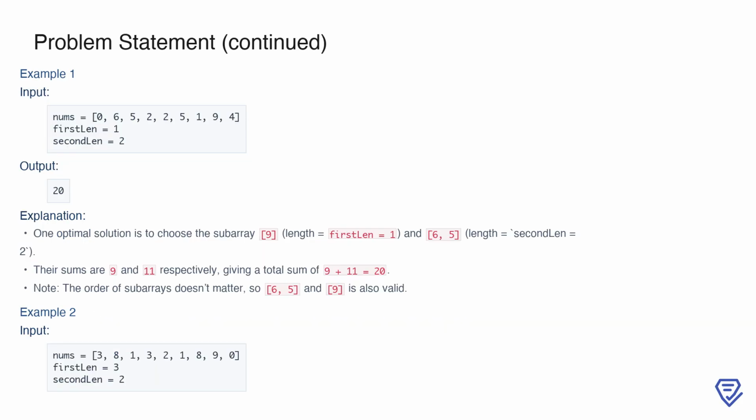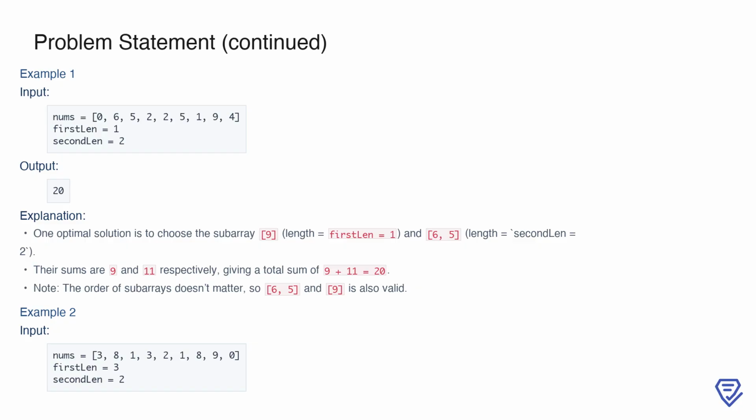Consider the first example where nums is 0, 6, 5, 2, 2, 5, 1, 9, 4, firstLen is 1, and secondLen is 2. The goal is to find two non-overlapping subarrays with these lengths that yield the maximum sum. Here, an optimal solution is to select the subarray 9 with a length of 1, which corresponds to firstLen, and the subarray 6, 5 with a length of 2, which corresponds to secondLen.